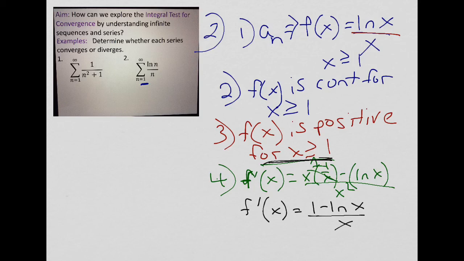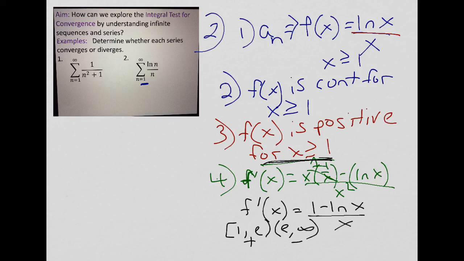If we set that numerator equal to 0, then the ln of x would equal 1, and that would be e. So we actually have a critical point to test our interval. If we go from 1 to e, which is about 2.718, and e to infinity, we end up looking at positive values and then negative values.